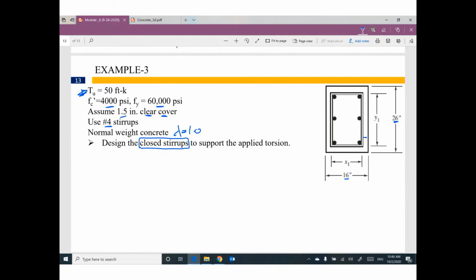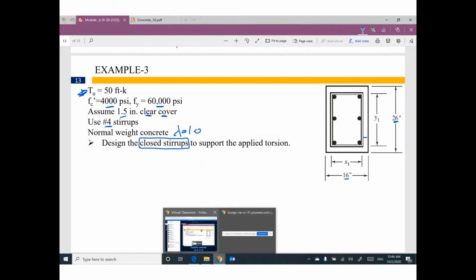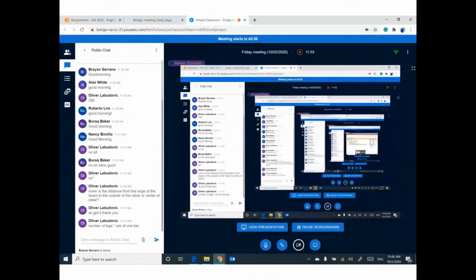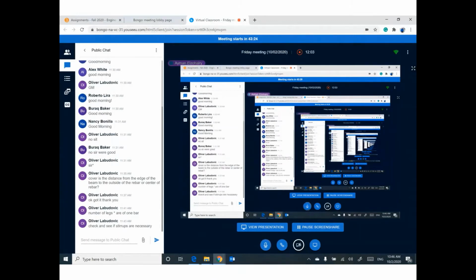Actually, to solve the problem in torsion, we need 3 steps. Can anybody let me know what will be the first step? Thank you, Oliver.